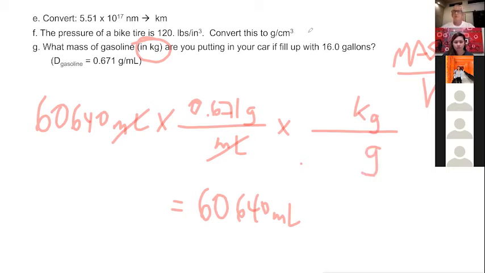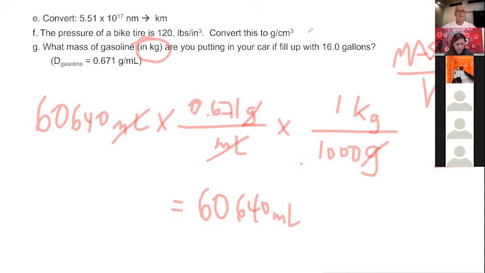What's my conversion of grams to kilograms? 1 kilogram is equivalent to 1,000 grams. That's right, kilo means 1,000. So that gets rid of my grams, and I got rid of my mL. There's only one unit left, and that is kilograms.